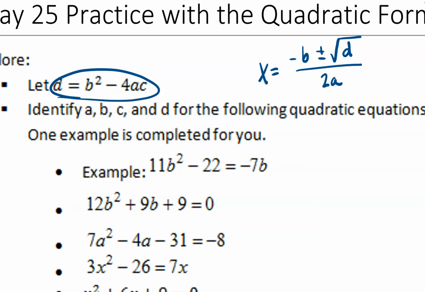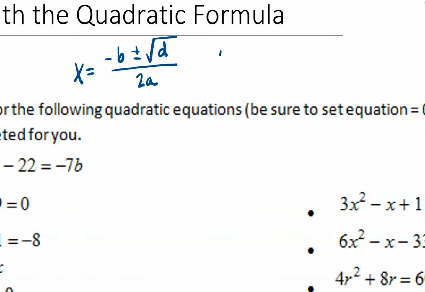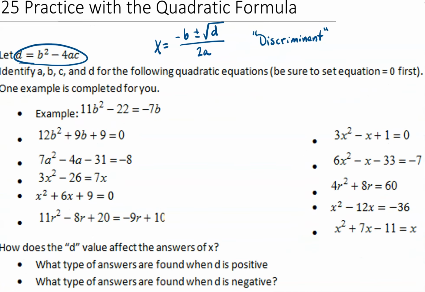Our understanding of this d value, which we call in mathematics the discriminant, will let us predict what type of answers we'll see inside our quadratic equations.